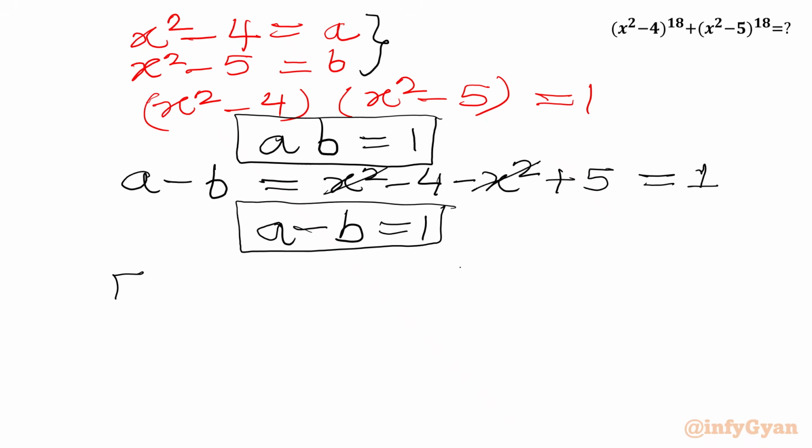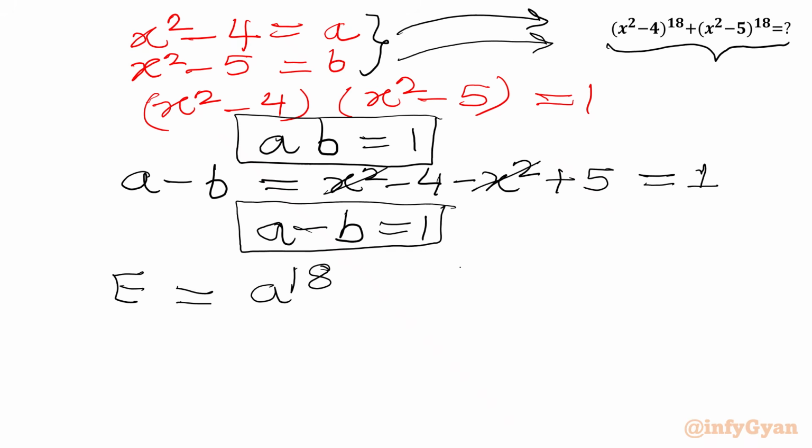And our required expression, which is written over here in terms of A and in terms of B, we can write E will be A power 18 plus B power 18. So our target expression is A power 18 plus B power 18 if these two equations are known to us.